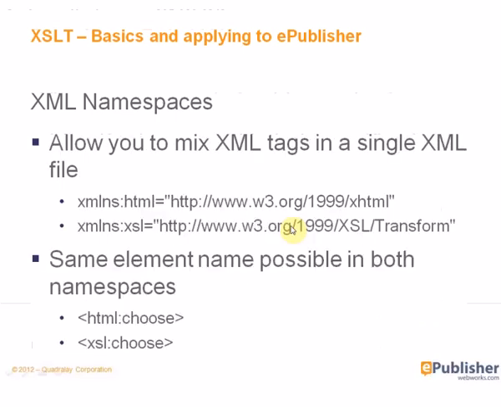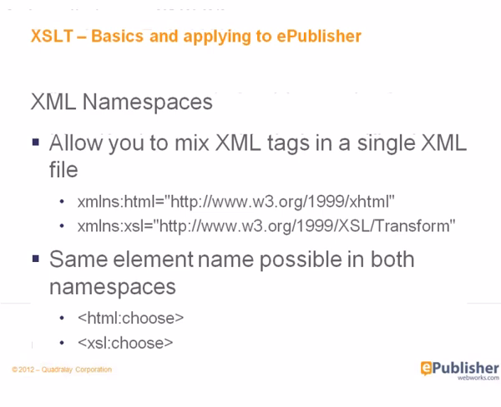So let's take a look at this. Again, what do these namespaces let you do? When you go into an XML document, you can create a namespace declaration. That means you can mix two or more types of XML tags. For example, let's say there's a choose element that was valid both in HTML and in the XSL namespace.